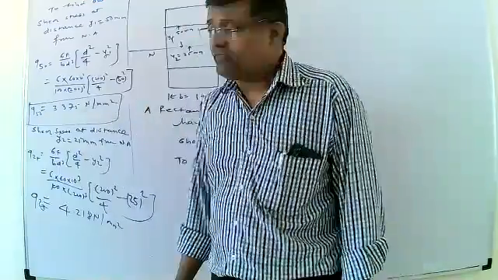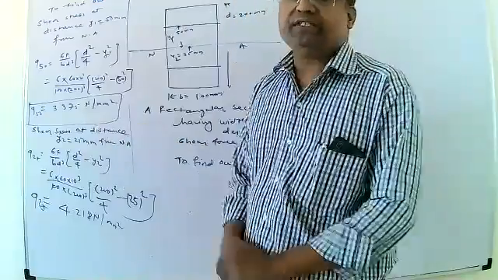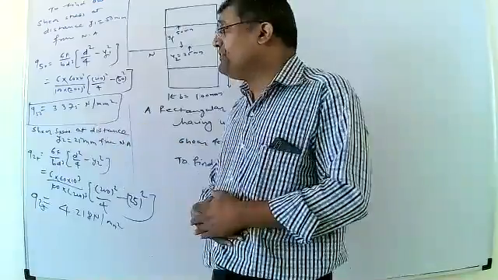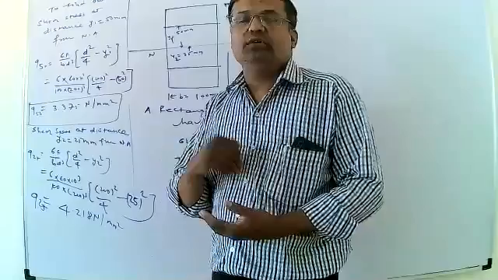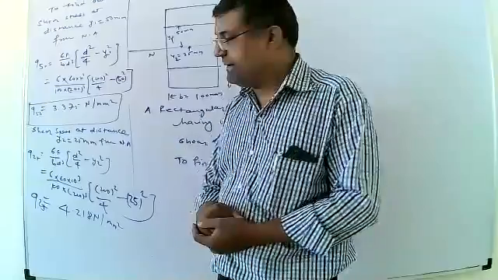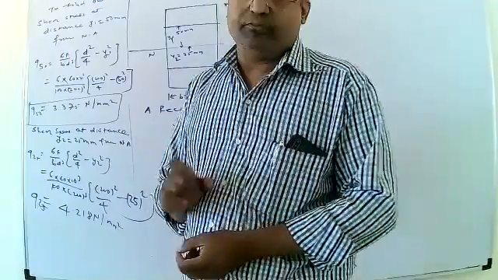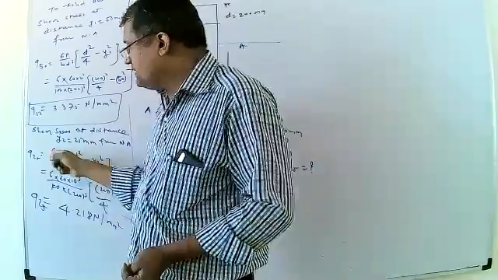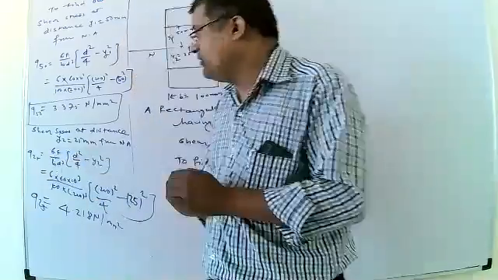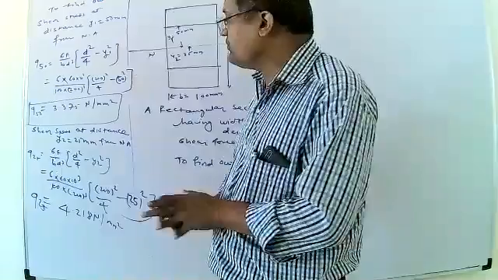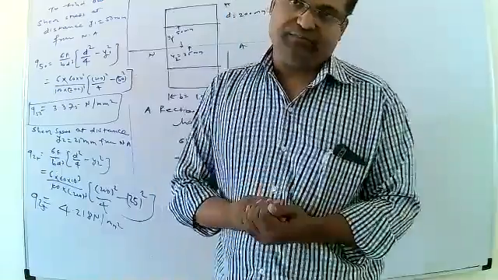In the same manner, we calculate shear stress at a distance 25 mm below the neutral layer. The formula will be the same. Q25 is equal to 6F upon BD cube into bracket D square upon 4 minus y2 square.